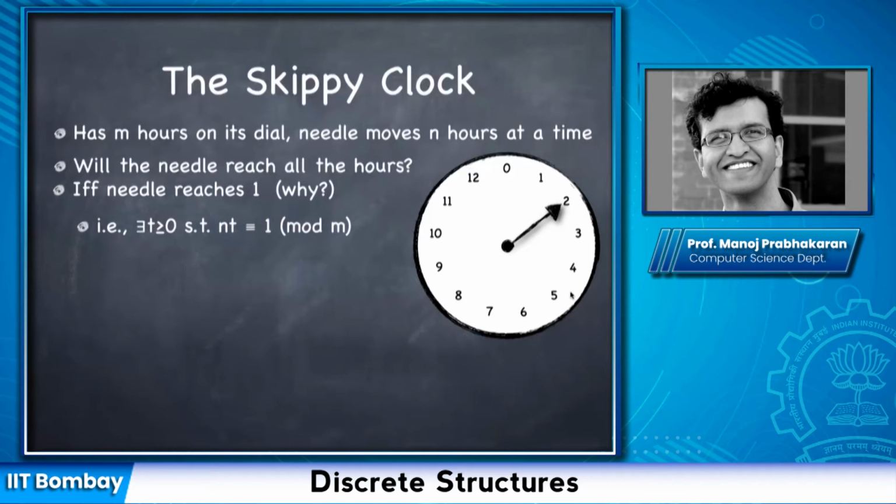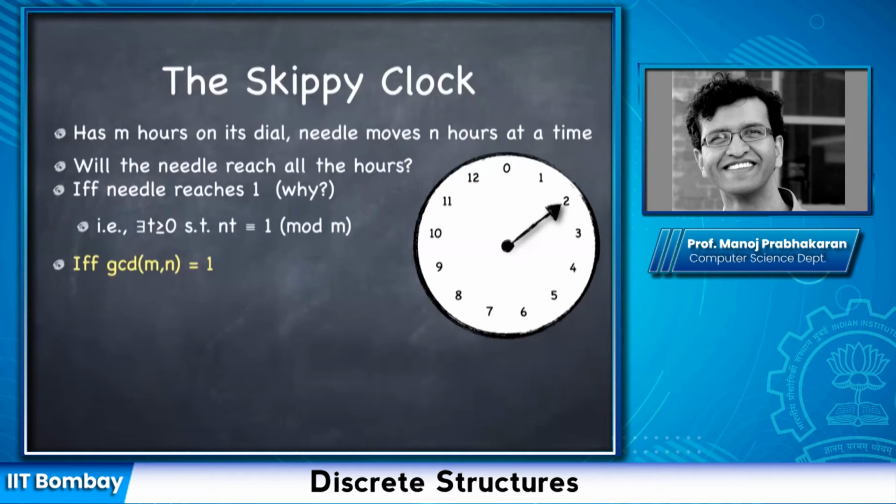So you look at the remainder of nt modulo m. That's the position you would reach, and the question is, would that position be 1 for some t? So does there exist a t such that nt is congruent to 1 modulo m? Here's the answer for that: that will happen if and only if m and n are co-prime.